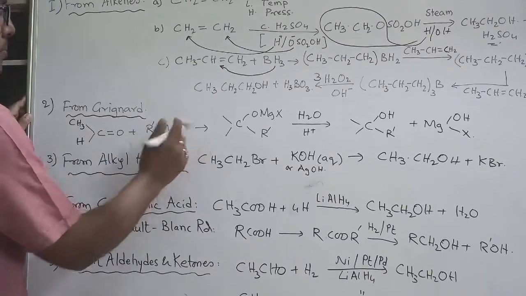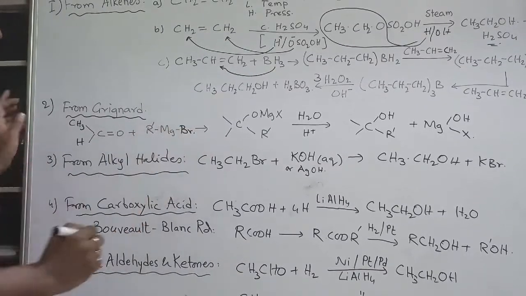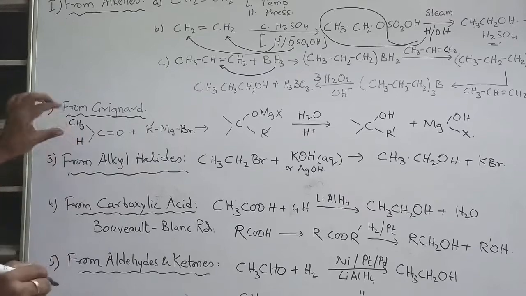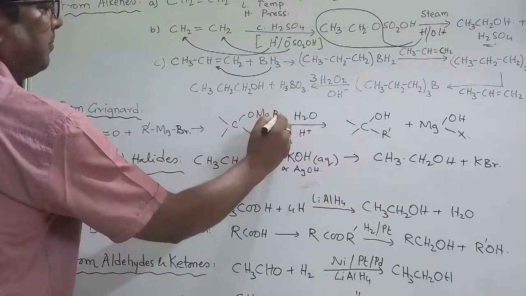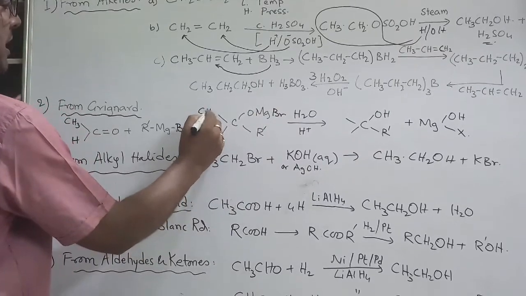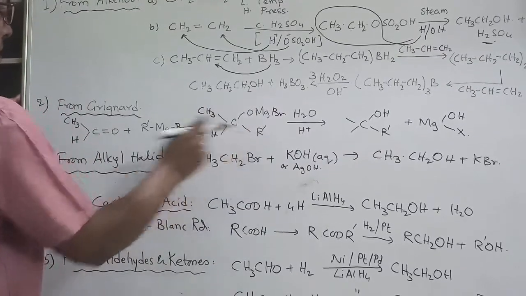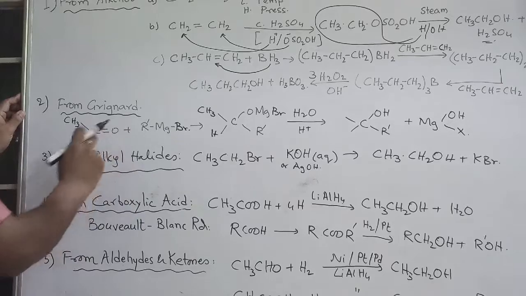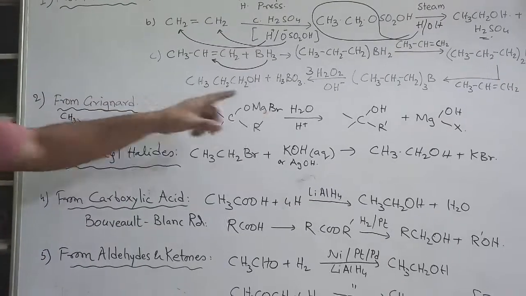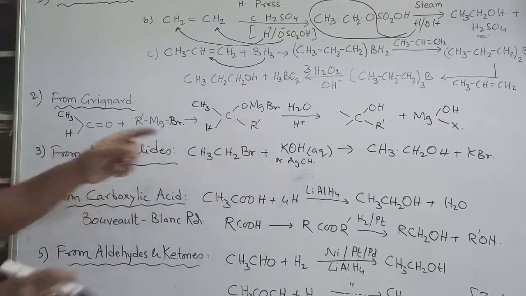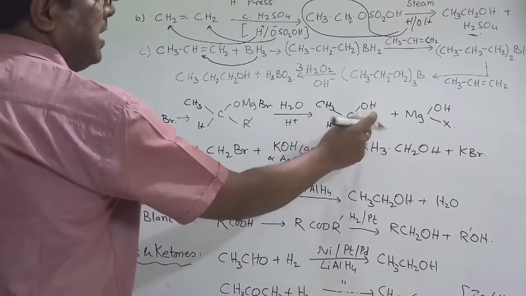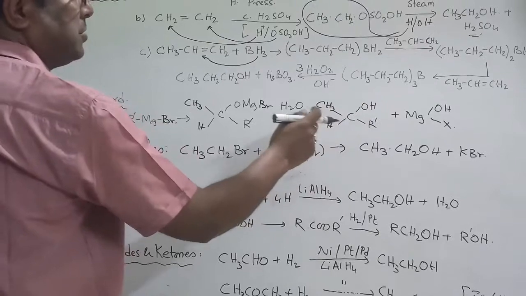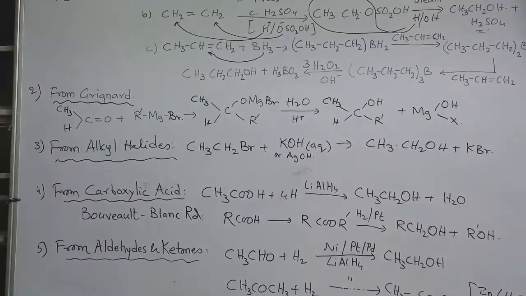I can take bromine here. So when we take bromine over here, it comes CH3, here H, and this alkyl group is replaced over here. And when you go for the acid hydrolysis, a similar effect you get here, CH3H, R dash and OH group, and MgOH takes place.